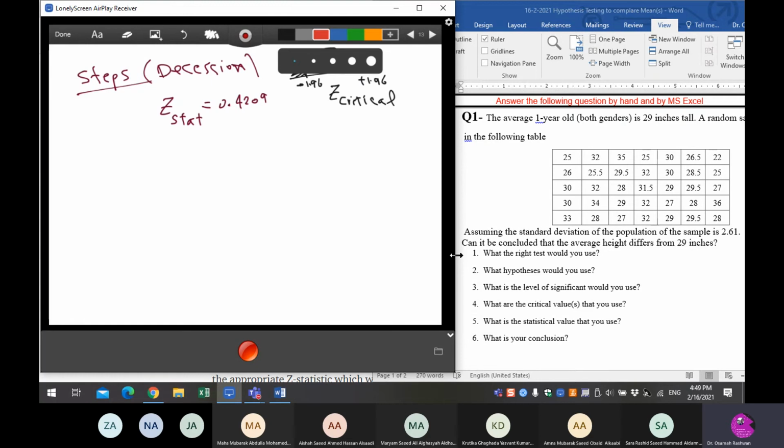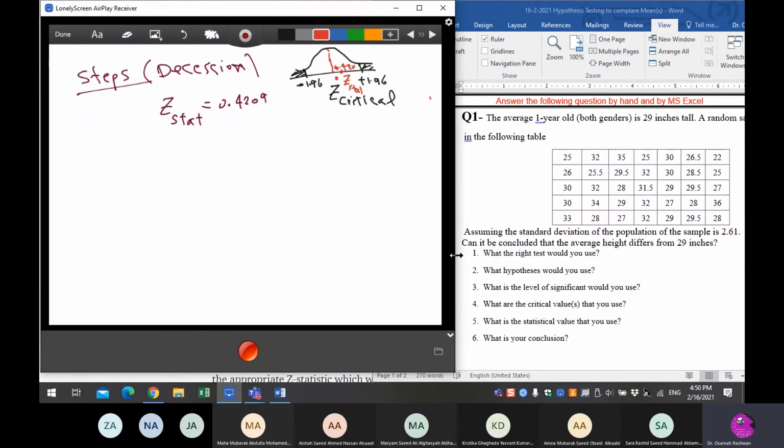Now let's go for our stat value. Where will our stat value lie? This is the 0 position here. It will be roughly here. So this is my Z stat, before my critical value, 0.4209.